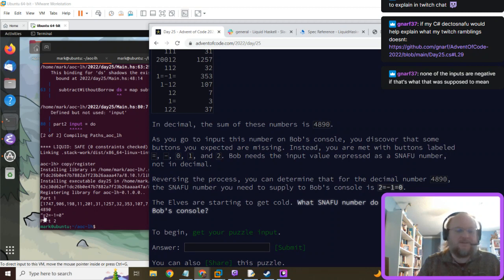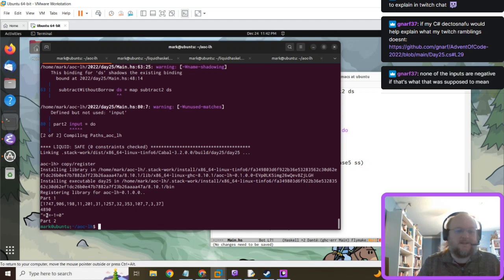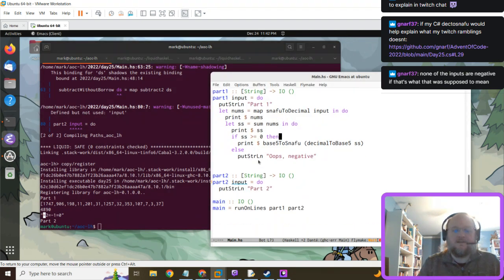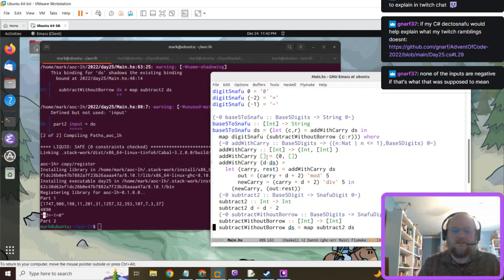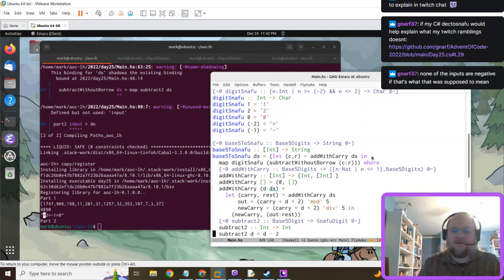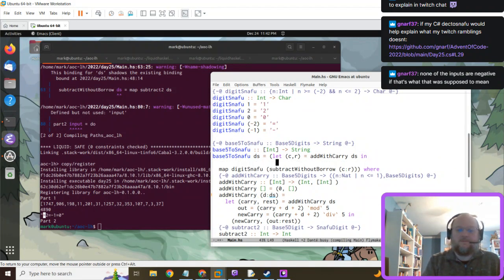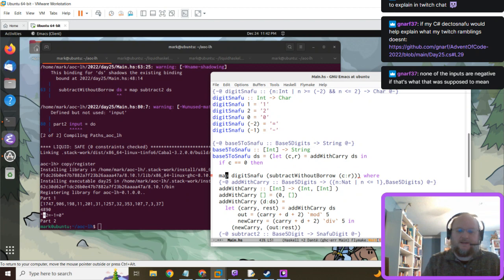I got some sort of base case problem here. Okay, so if it's 0... If carry equals 0, then blah else.